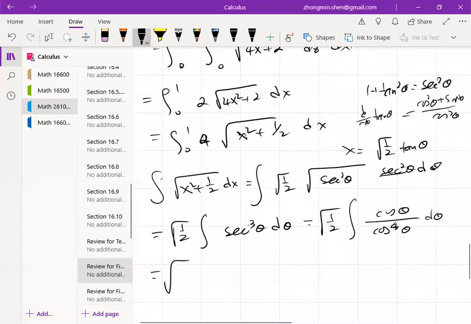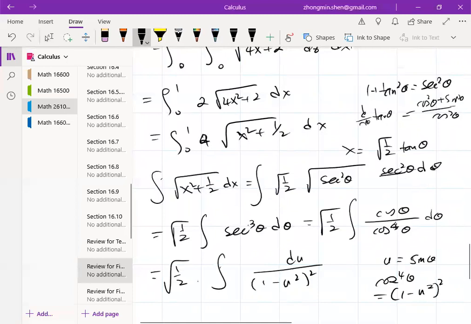If you let u be sine theta, this will be du, and the cosine to the 4th is going to be 1 minus u squared, squared.